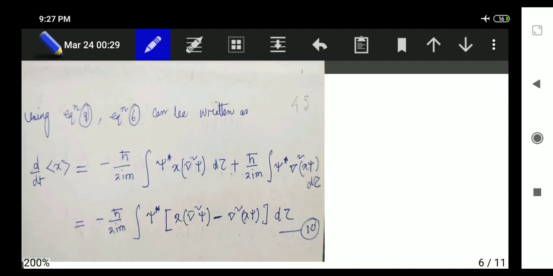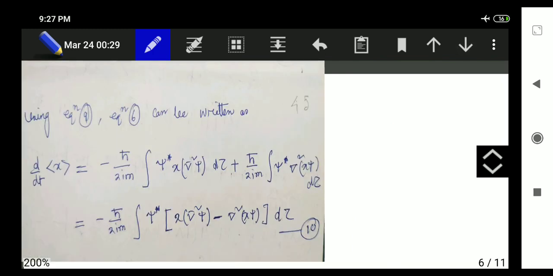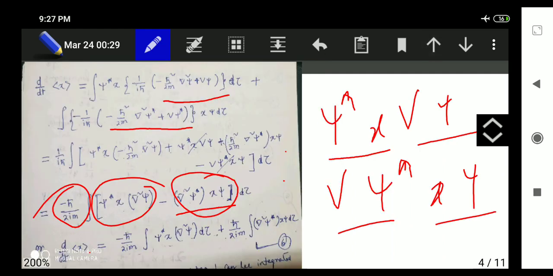Now this is done here. So using equation 9, equation 6 can be written as, so what was equation 6? We will check. Equation 6 was d/dt of integral psi star x del 2 psi d tau plus h cross by twice m del 2 psi star x psi d tau.